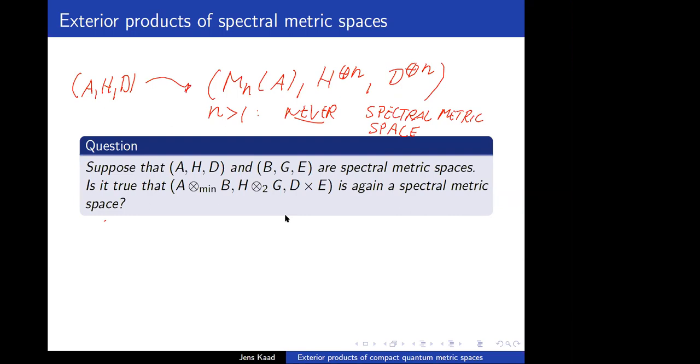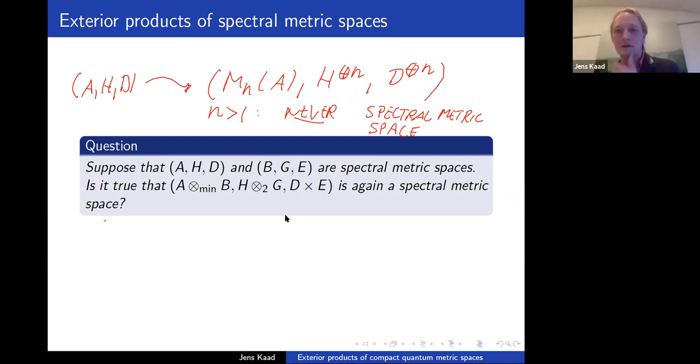But it emphasizes some structural problem that I want to deal with. My solution to this problem is to try to incorporate this stabilization operation into the definition of a compact quantum metric space.